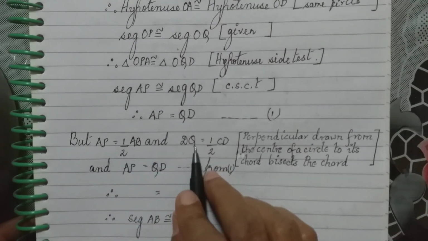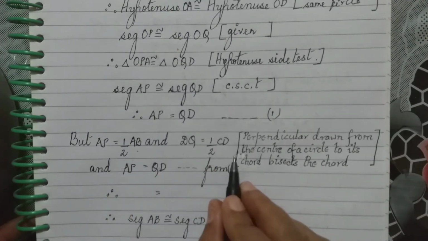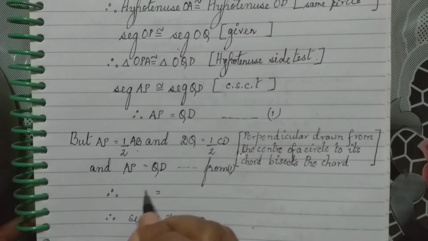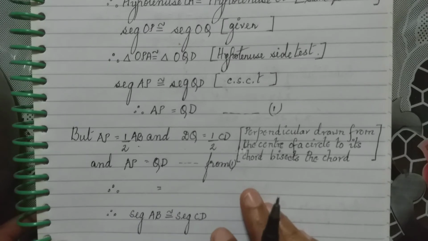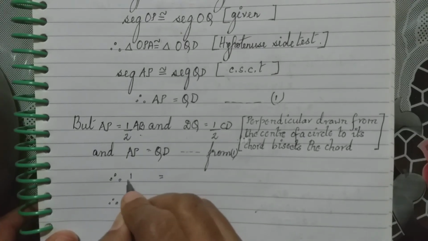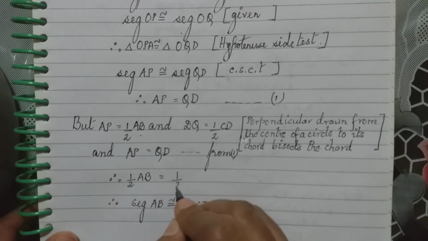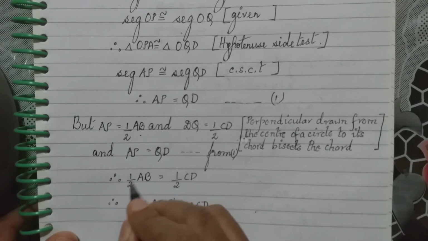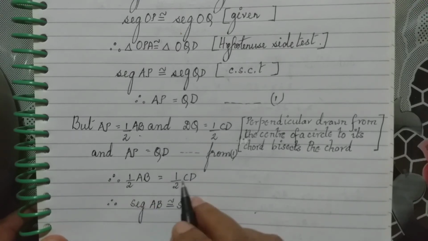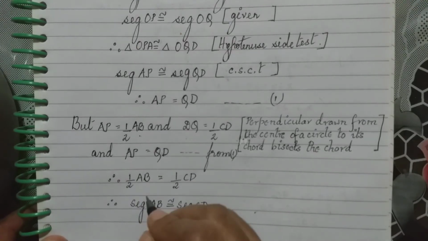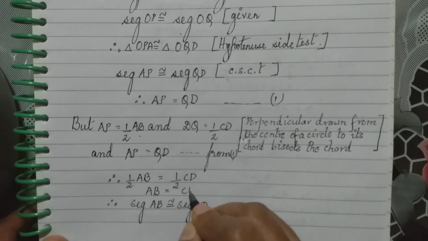Now, if AP is equal to QD, then what happens? Half AB equal to half CD. Right? Because AP is half AB and DQ is half CD. Therefore, half AB is equal to half CD. Now, if you cancel the half on both the sides or multiply with 2 on both the sides, what happens? 2 and 2 cancel. What will be left? Only AB equal to CD.